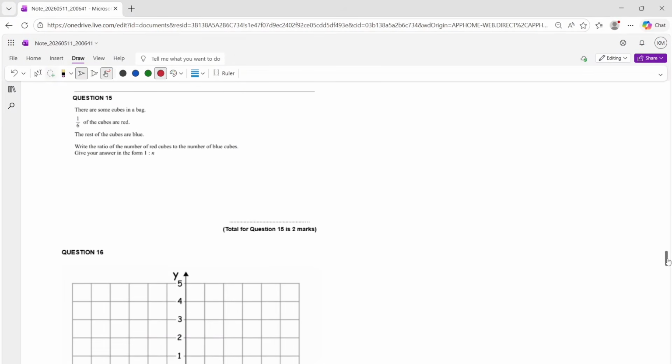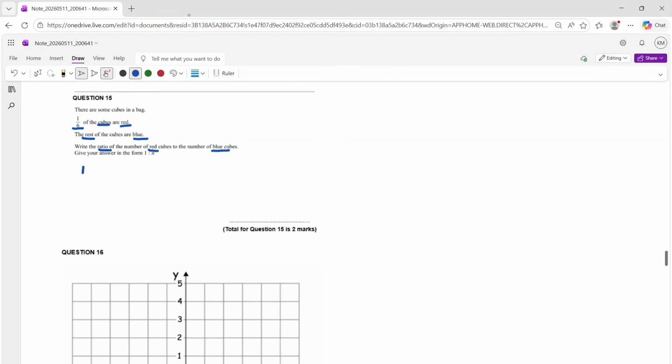Okay, question 15. You've got some cubes in a bag and 1/6 of the cubes are red, the rest are blue. You've been asked to write the ratio of red cubes to blue cubes, red to blue. So this is about knowing the conversion between ratio and fractions.